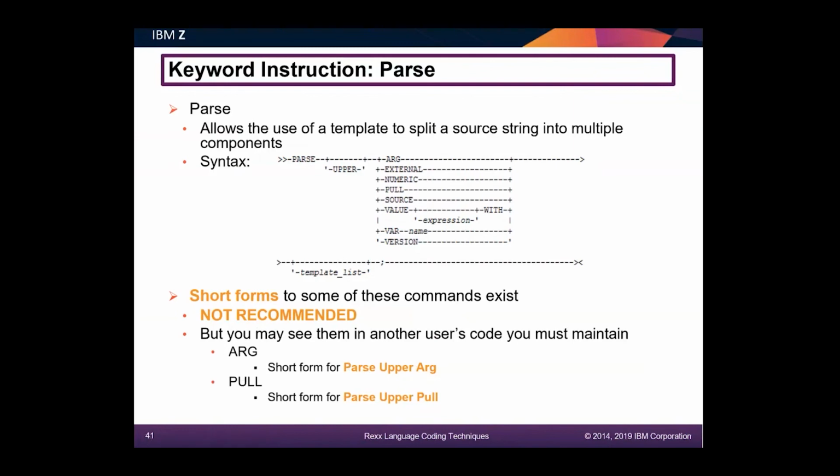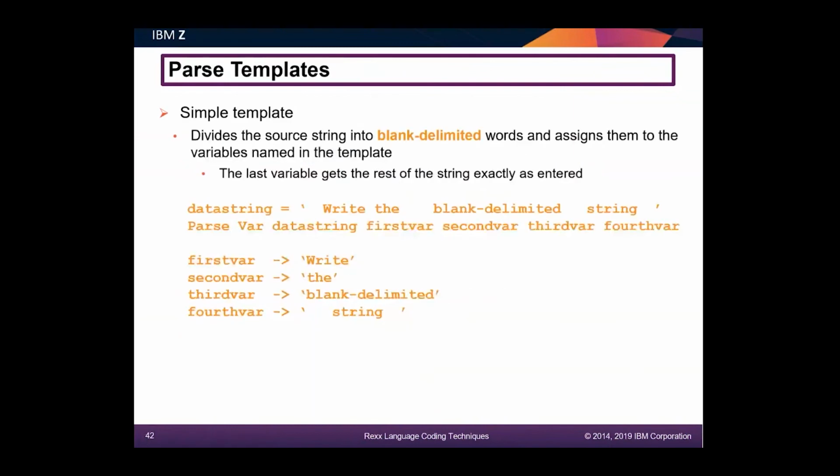Okay, so with that caution, let's go into what parse actually does. So as I said, parse takes data that you have and breaks it up however you specify it should be broken up. So the simplest way to do that is to break a string of text into blank delimited words. And so here's an example. We take the string data string, we give it a value of write the blank delimited string.